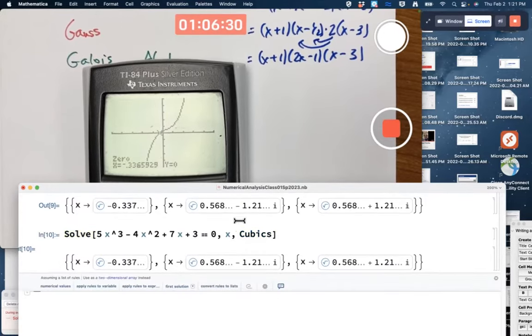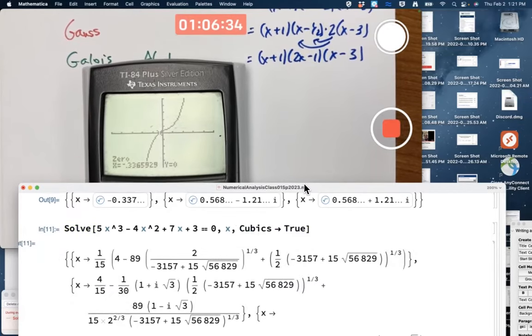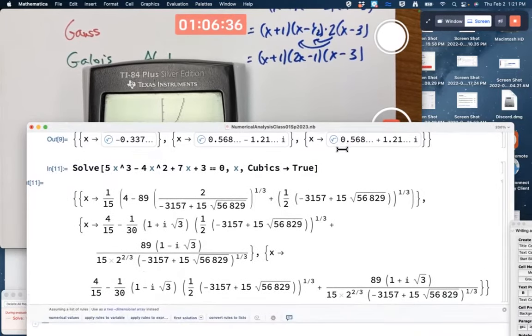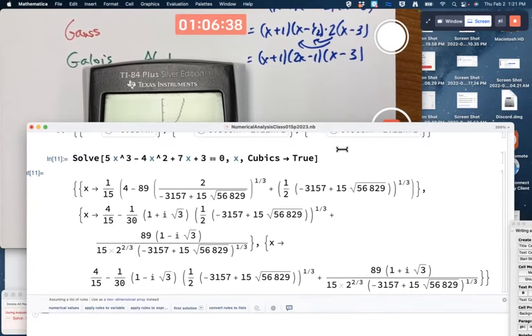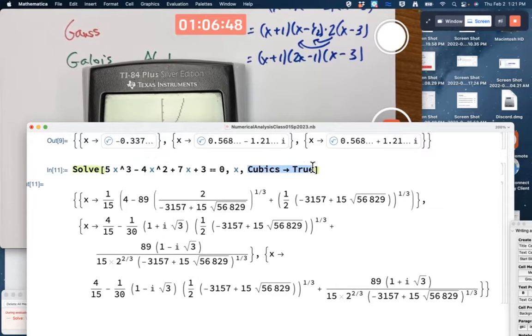There are the exact answers in symbolic form. Not too pleasant looking. You don't have to memorize that. But Cubics arrow True for a cubic will solve it exactly, even with numbers in the equation.